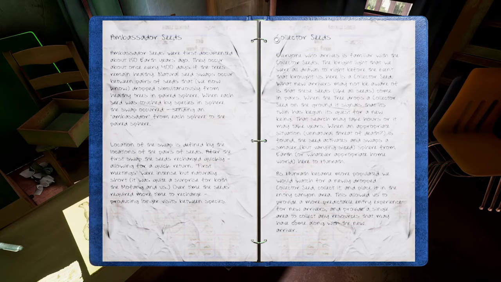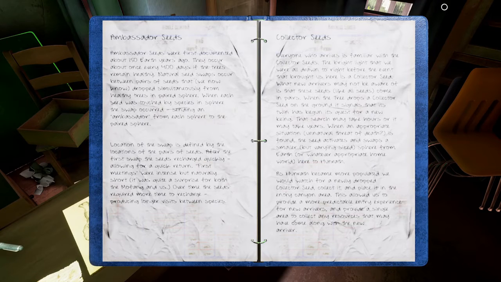Ambassador seeds were first documented about 150 Earth years ago. They occur about once every 400 days if the trees remain healthy. Natural seed swaps occur between parts of seeds that we now know drop simultaneously from healthy trees in paired spheres. When each seed was touched by species in the sphere, the swap occurred, sending an ambassador from each sphere to the paired sphere.